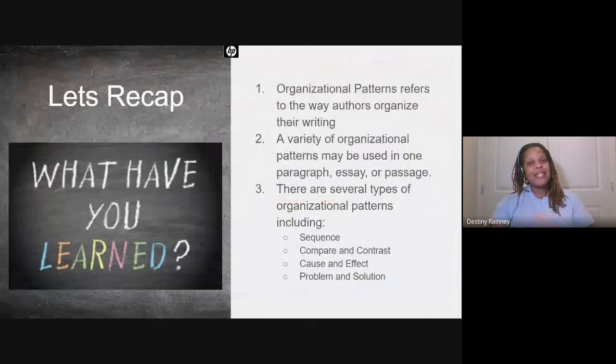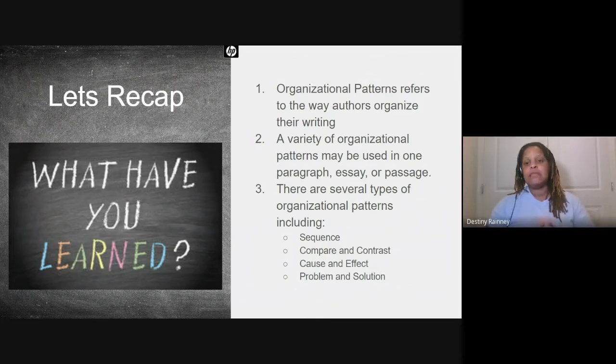All right, so let's recap because we've learned a little bit today. We learned that organizational patterns, which is sometimes called text structure, refers to the way authors organize their writing. Authors have so many different ideas and so many different purposes for writing that they can shift the organizational pattern within one paragraph, essay, or passage.